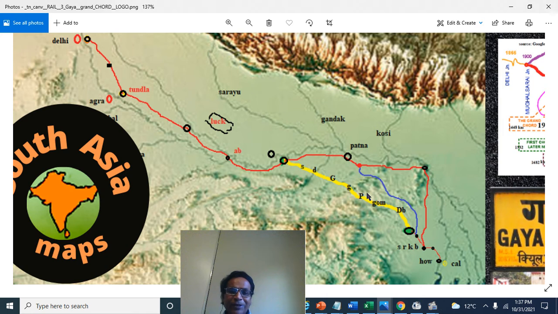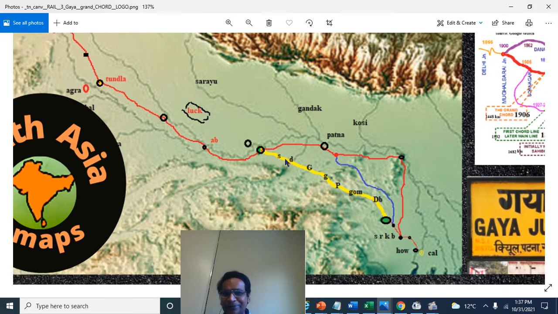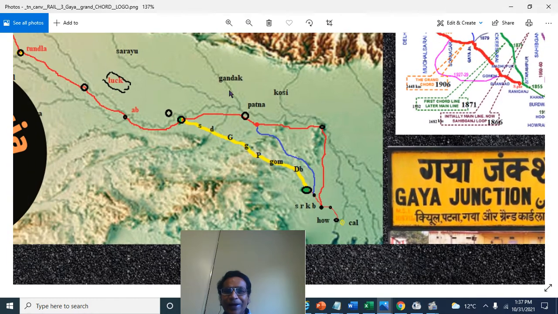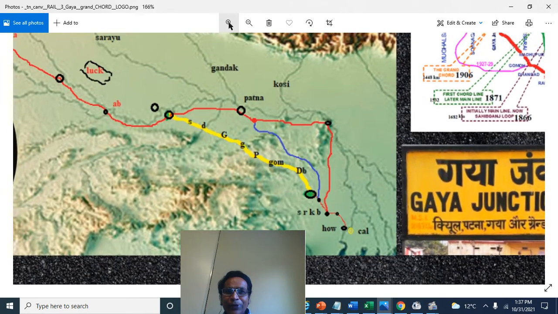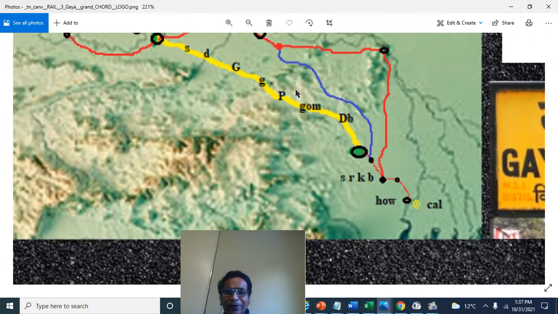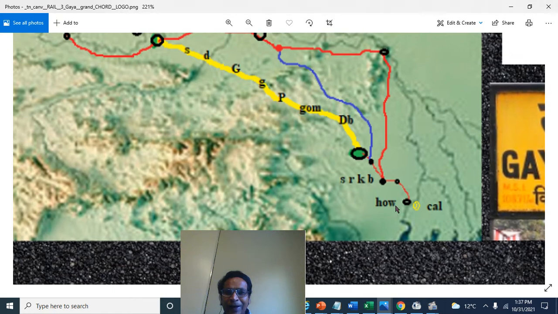Chord line, always remember, starts with Sitarampur. Chord line means the Gaya line. Chord line is the Dhanbad line. Here I have mentioned those important towns briefly, without cluttering, for the audience. Howrah, Bardhaman.